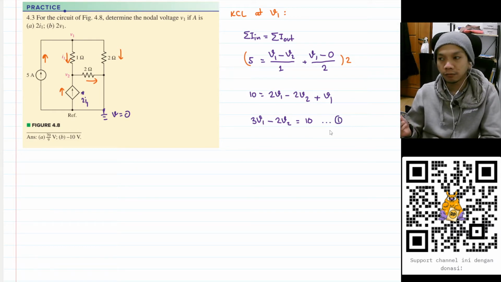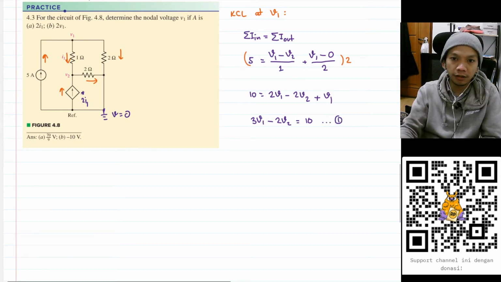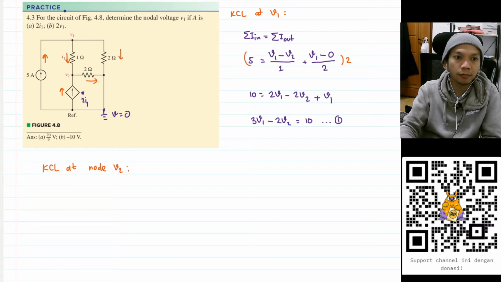Now we need to do another KCL, but this time at node V2. KCL at node V2. This current here is going in. This current here is also going in.